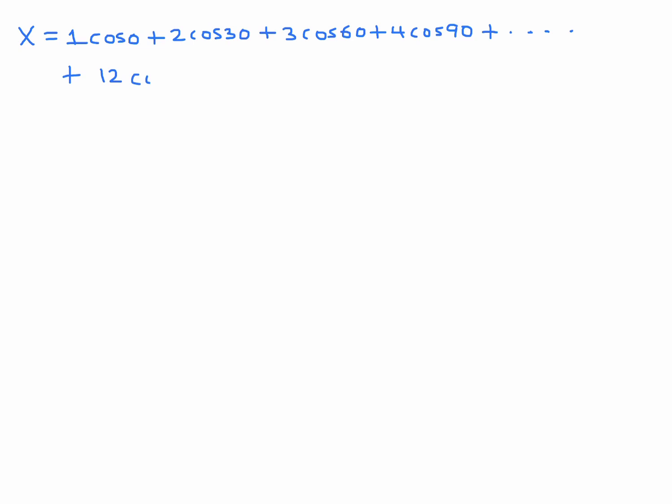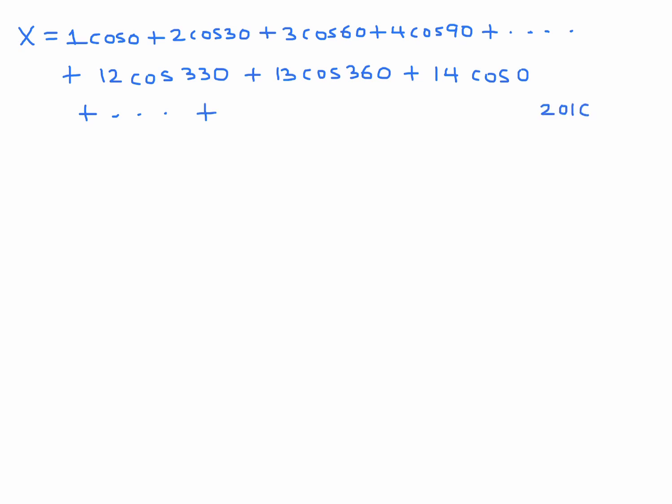Eventually, when you get to 12, it's cos of 330, all right? And then 13 is cos of 360. But then, once you get to 360, you've gone one way around. So then it goes back to 0 again, cos of 0, right? 14 cos of 0, and so on, 15 cos 30, and you get the point. Dot, dot, dot, and then I'll extrapolate all the way until the very end.